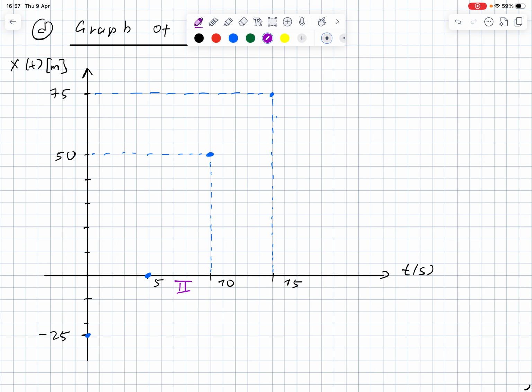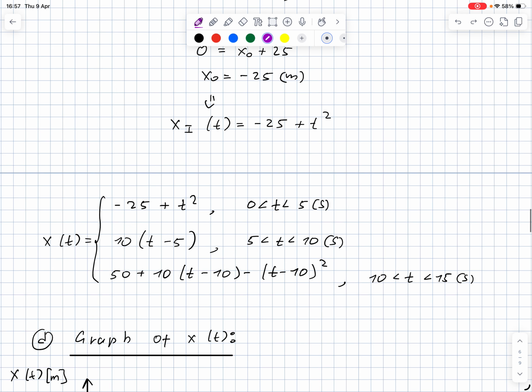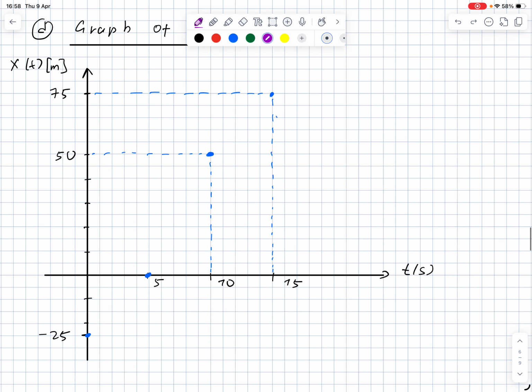when we are talking about the second interval of time, we actually know that there is no acceleration, so the velocity is constant, and we also see that it is a linear function. So we will use those two coordinates, and we'll add just a straight line, which is actually a linear function.